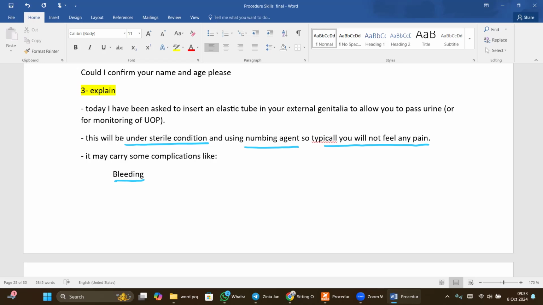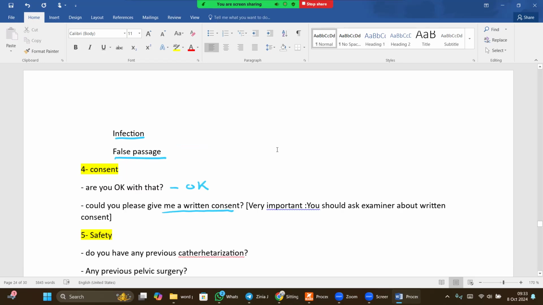So according to the indication, we will explain. Then this will be done under sterile condition and using numbing agent, so you will not feel any pain. It may carry some complications like bleeding, infection, and false passage.